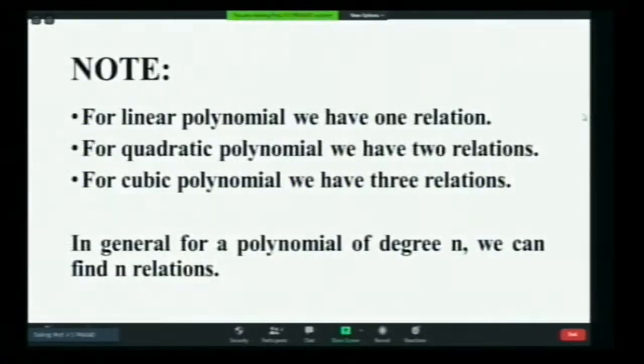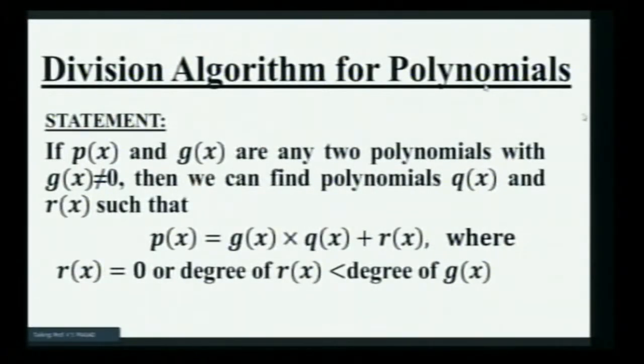Okay. Now, once we have seen these relations, another important concept we are going to observe. In fact, we have already seen a concept called the Euclidean division algorithm for numbers. We have already seen this result for real numbers. Now the question comes whether such relations also hold true for polynomials or not. In fact, polynomials are a generalized expression of real numbers.